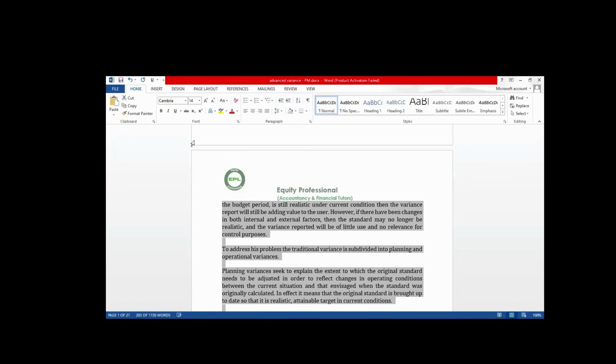For example, your plan is to achieve 10 million naira profits at the end of 2026. When we get to the end of December 2026, you now look at the actual profit achieved.